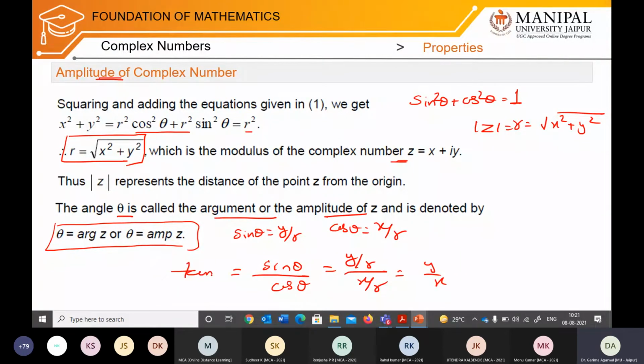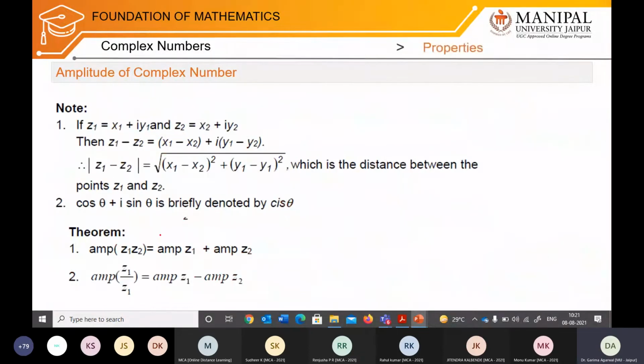And this is tan theta. So theta will be tan inverse y by x, right? This is the amplitude of the complex number. This is the value of theta, which is the amplitude of complex number z, and this is the notation of amplitude.